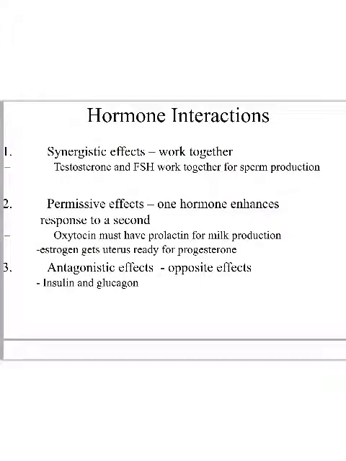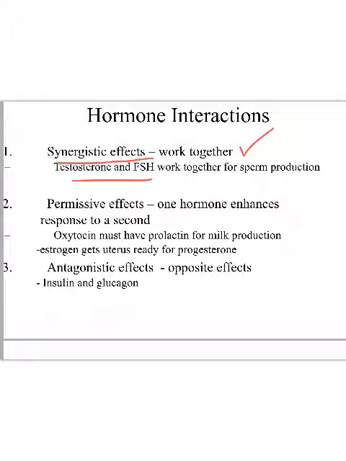Okay, so hormone interactions. The first one I have is synergistic effects. If we have something that's synergistic, the hormones are working together. For example, in sperm production, testosterone and follicle stimulating hormone both have to be there in order for sperm to be produced in enough numbers and be viable.